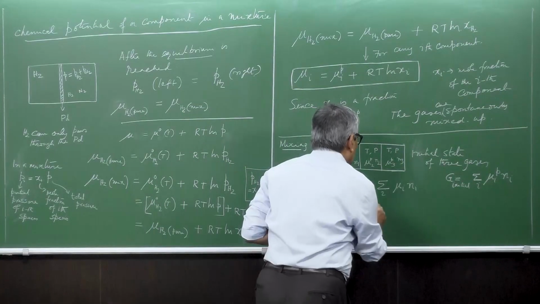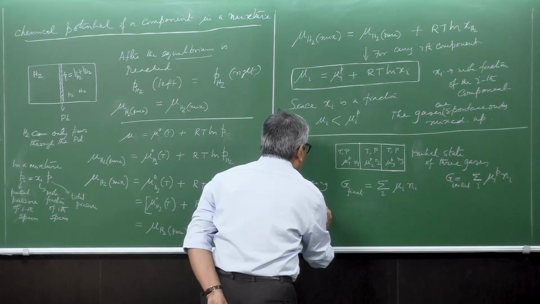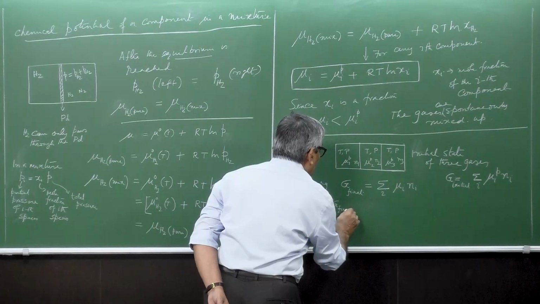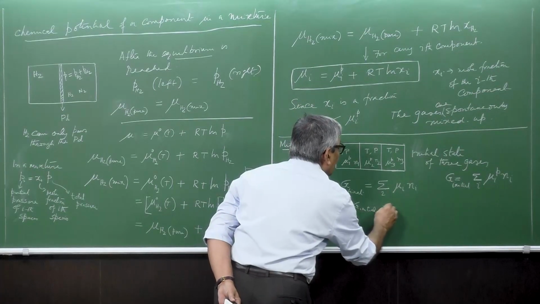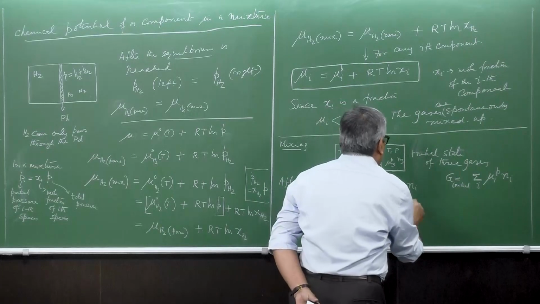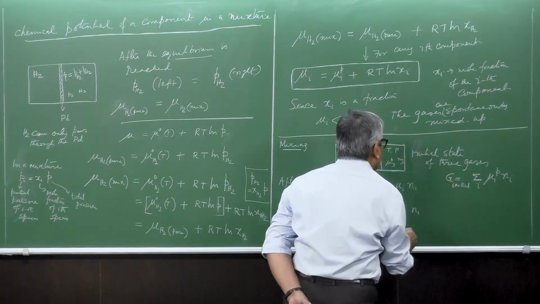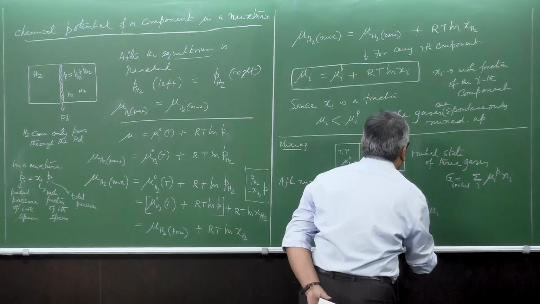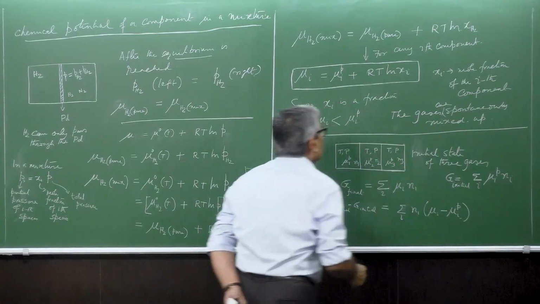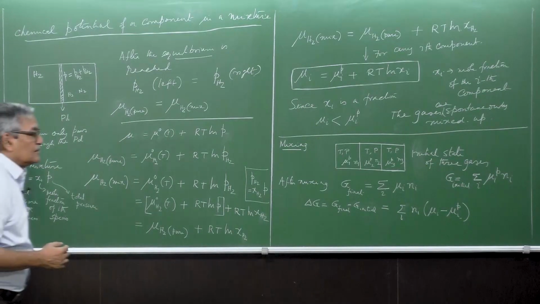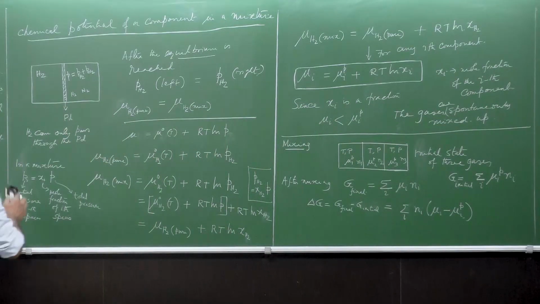So this gives me delta G, the change in chemical potential, G final minus G initial, that is equal to, final is this one, so Ni times mu I minus mu I P. So that is the chemical potential of the pure substance minus the chemical potential in a mixture. So that is the very simple relation that we find out.